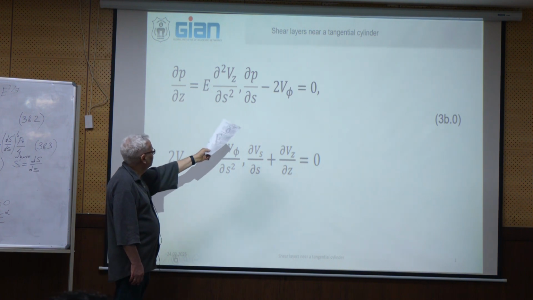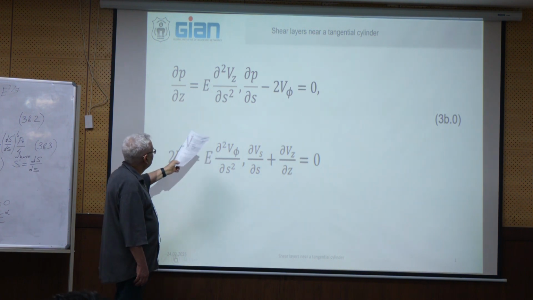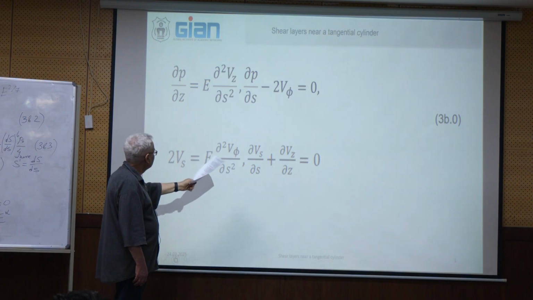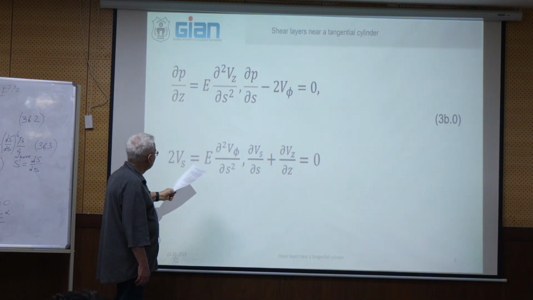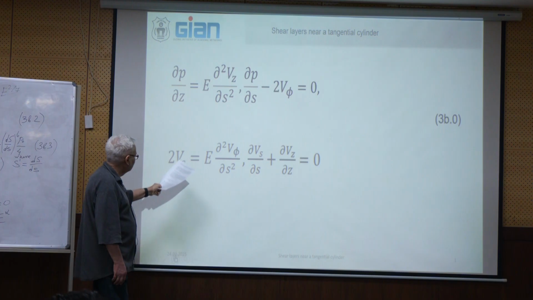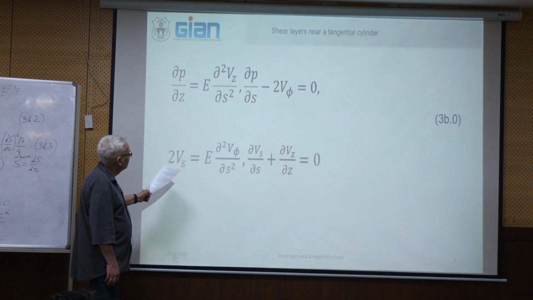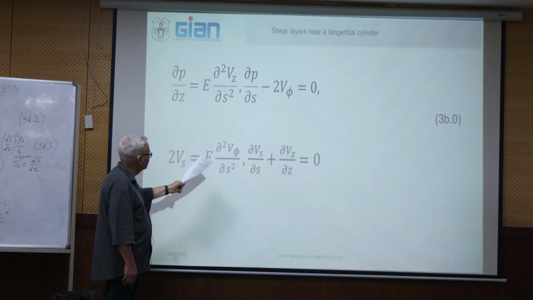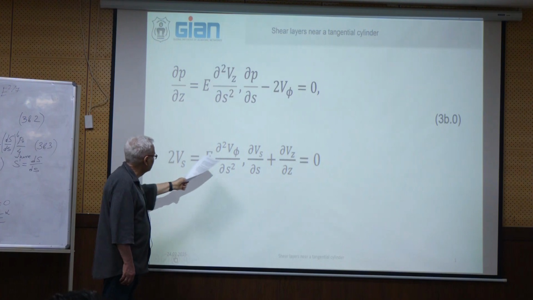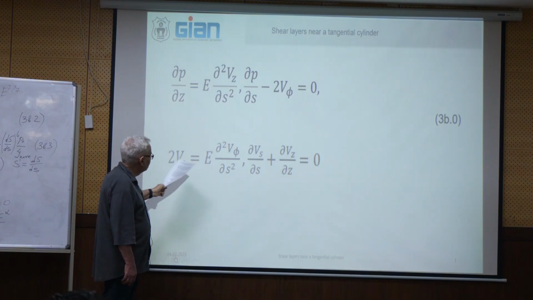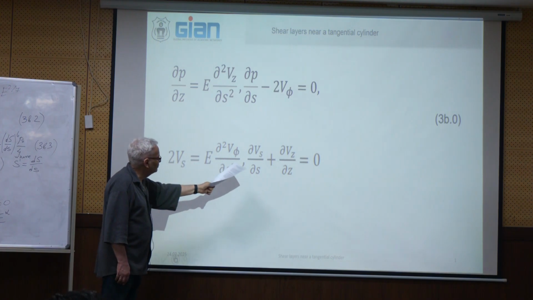And then we take, I don't remember exactly, but after that we can represent Vs and put it in, and again Vφ already will be there. So we put Vs in this formula.